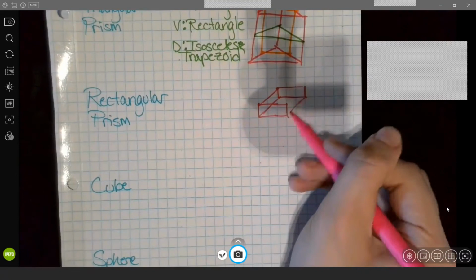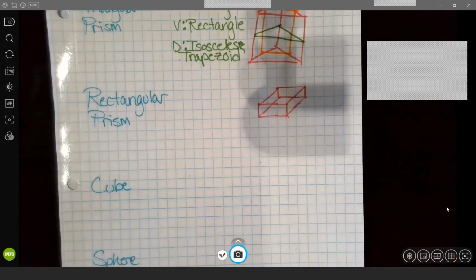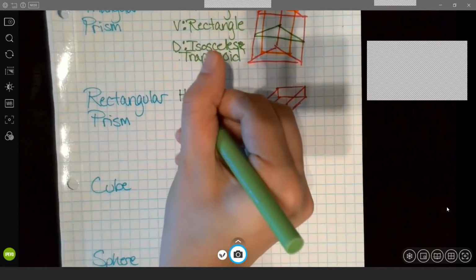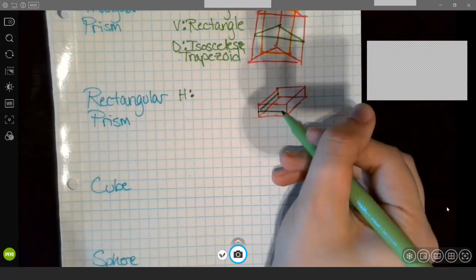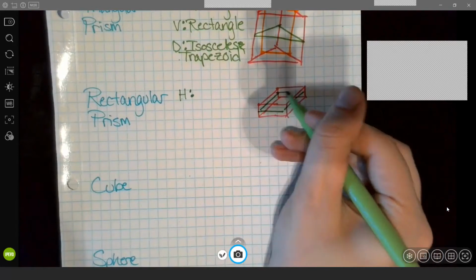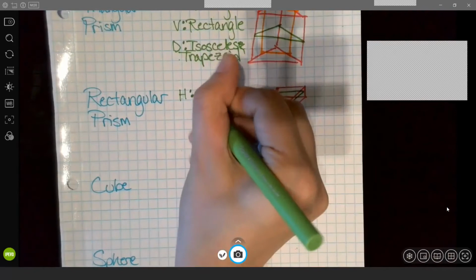Now this one, I can actually look at this. We may not even need the tool. For my horizontal, if I cut horizontally through this, well, the top and the bottom are rectangles. So that means my cross section would also be a rectangle.